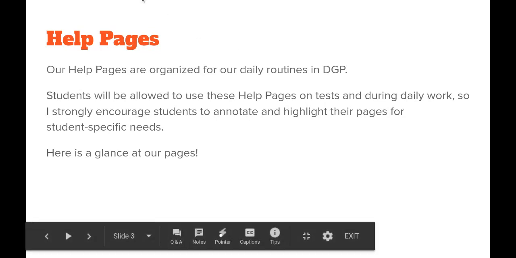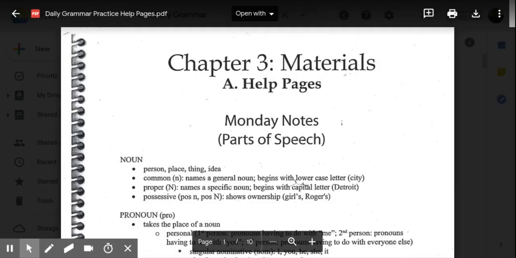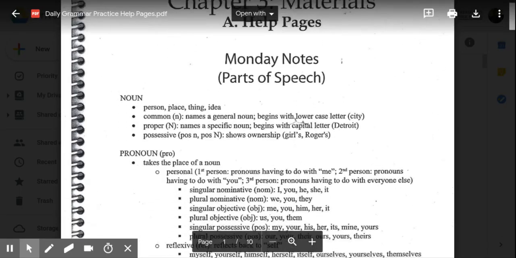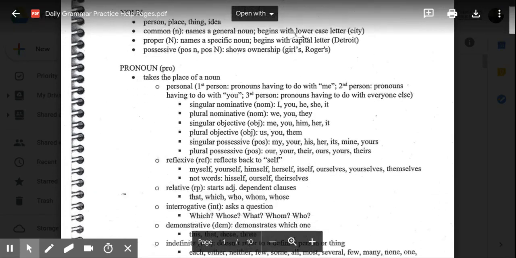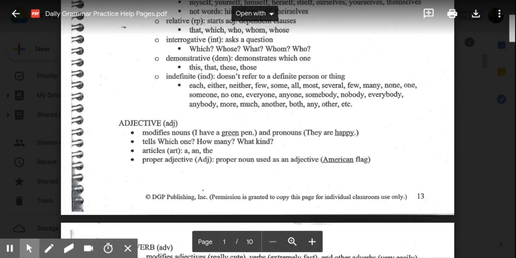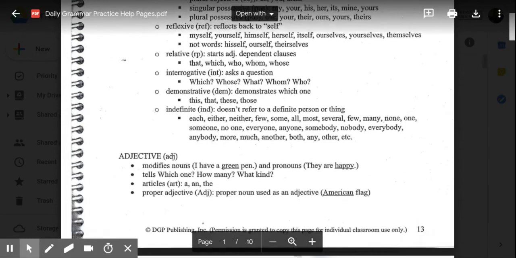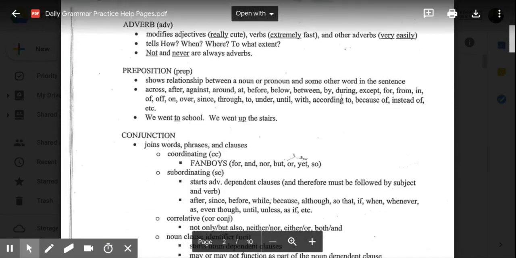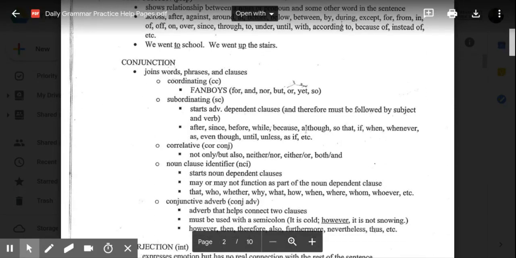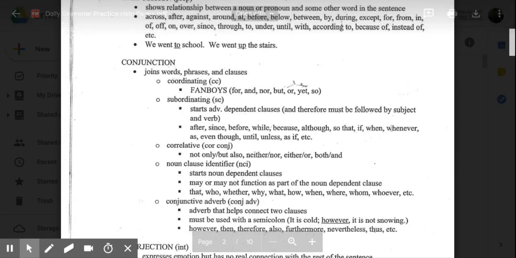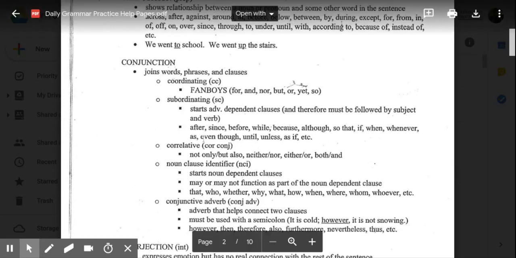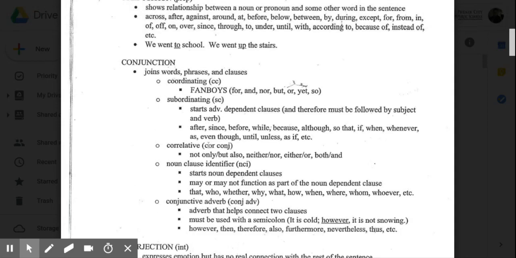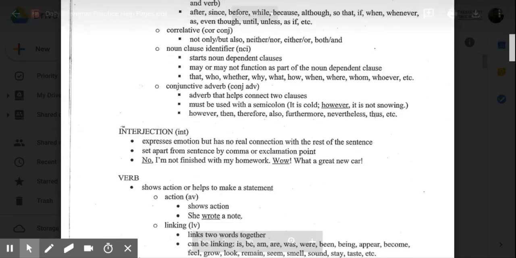So here's a glance at our help pages. Okay, the help pages are set up in terms of Monday notes, parts of speech. So you can see they're in a particular order, and there are several different types of that part of speech under each section. But there are also examples of the words that could be that part of speech. There are also the abbreviations that we use for each part of speech in this as well.